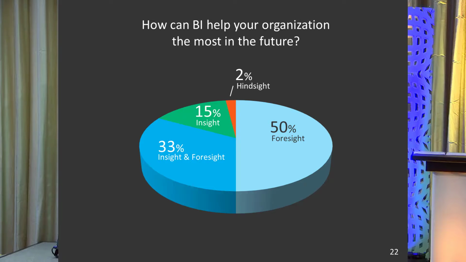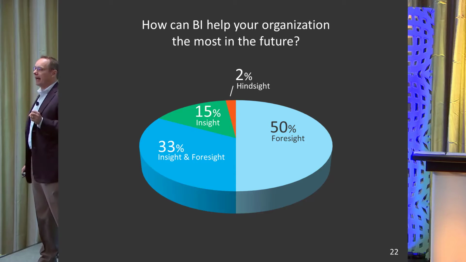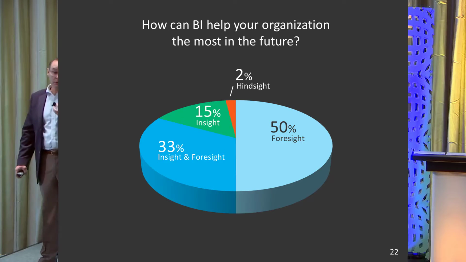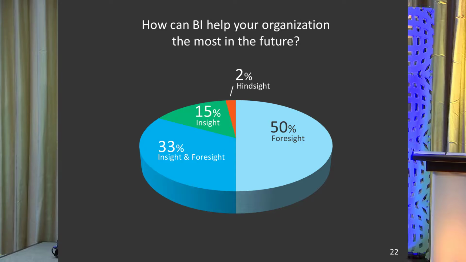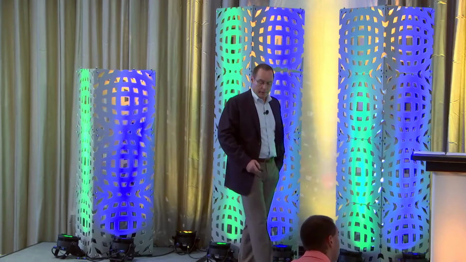Insight is answering the question of why. Why is something happening? That's the insight piece of it. The hindsight is what happened in the past. It's reporting that we have to do, right? We have to do quarterly reports, monthly reports. But more people are looking at the why and then the what's going to happen down the road. And we're very happy to see that.